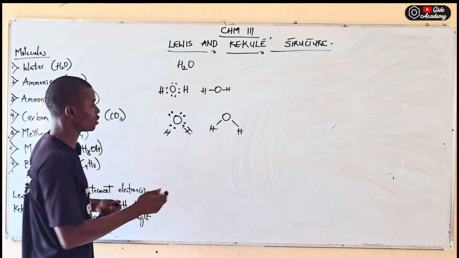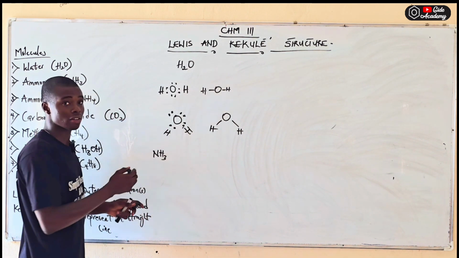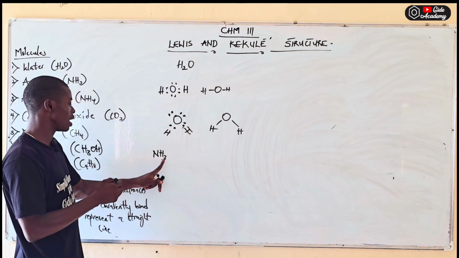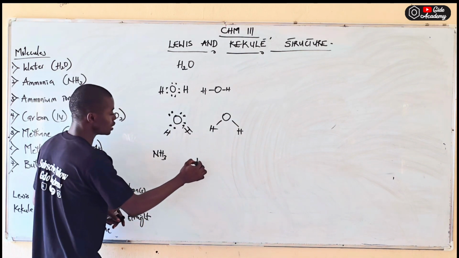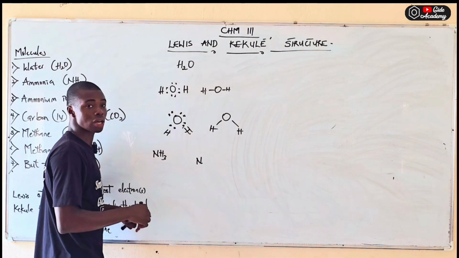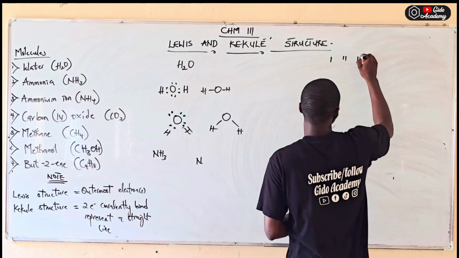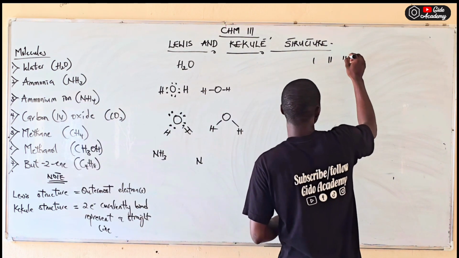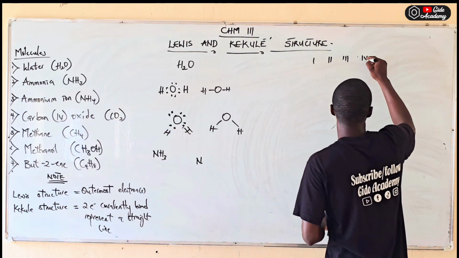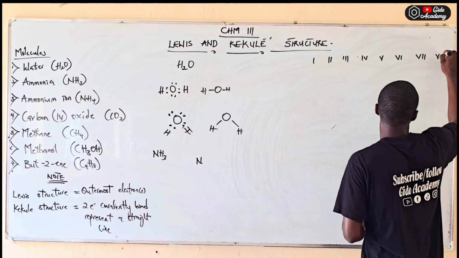So let's check for ammonia. Ammonia is NH3, and you just agree that as long as nitrogen is 1, hydrogen is 3, nitrogen will be the center element. And nitrogen has 5 electrons in the valence shell. If you don't know how to check for the valence electron, first of all, here is group 1, group 2, group 1, group 2, group 3, group 4, group 5, group 6, group 7, and here is group 8.